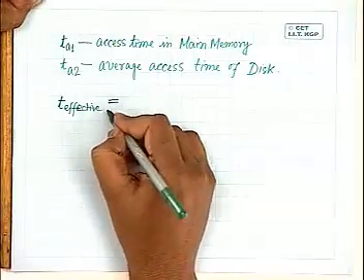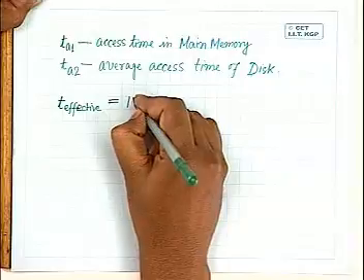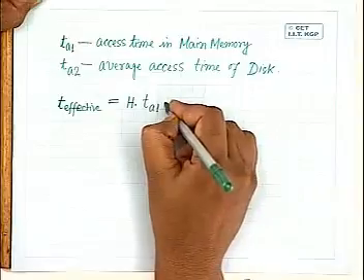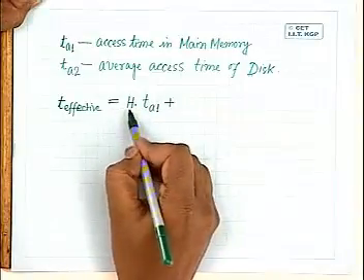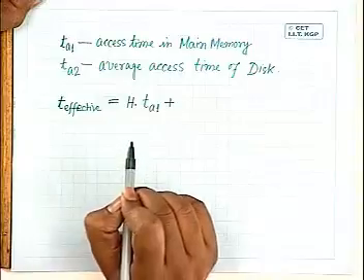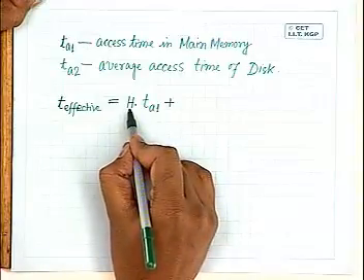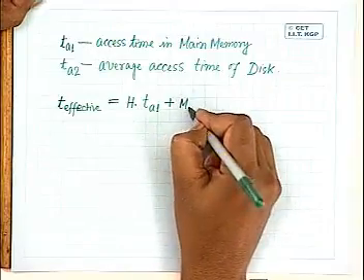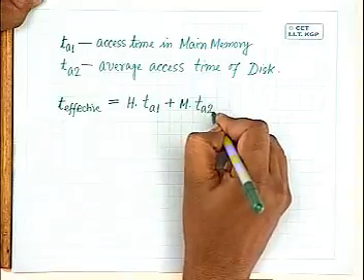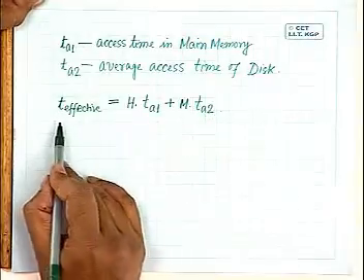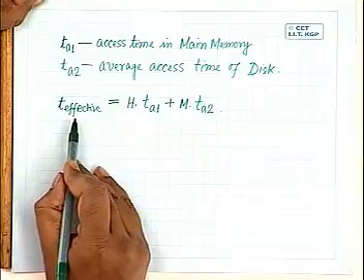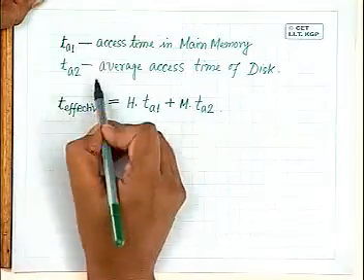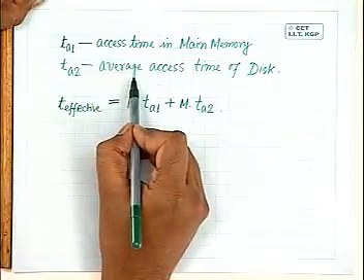So, we will put it this way: the effective time T will be the hit ratio h multiplied by TA1, plus, because this is something similar to the probability of occurrence of the data in the main memory, plus 1 minus h, which is nothing but the miss ratio m, times TA2. So, this is the average or effective access time of data from this two-level hierarchy of memory. Okay. So, the first level in this hierarchy is the main memory, the second level in the hierarchy is the disk.